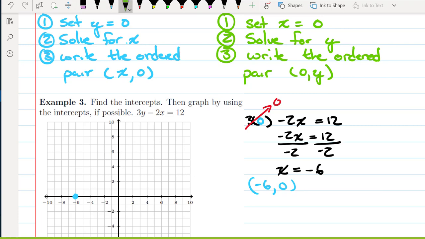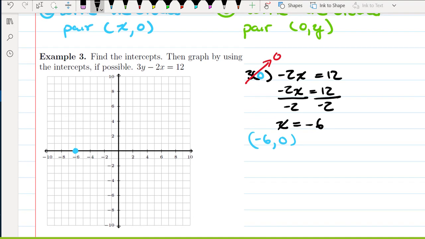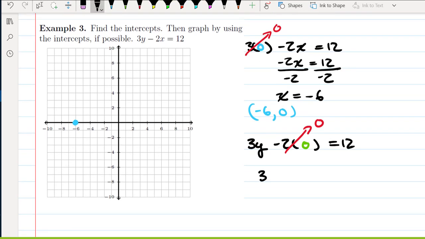And now we rinse and repeat. But this time we're going to set x equal to 0. So we have 3 times y minus 2 times our 0 is still equal to 12. And once again, 0 times anything is going to be 0. And that leaves us with the equation 3y is equal to 12.